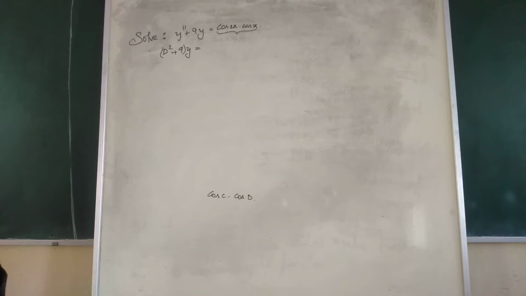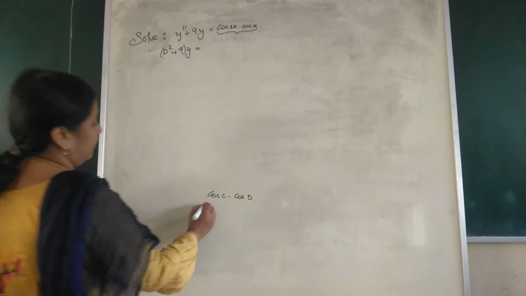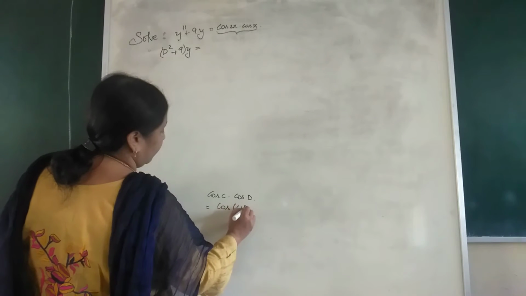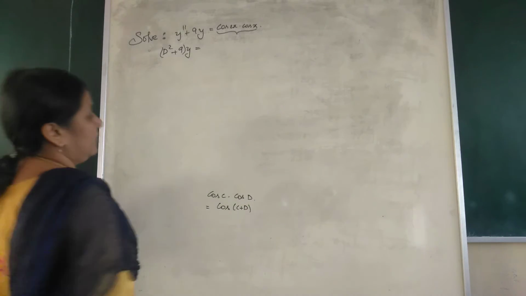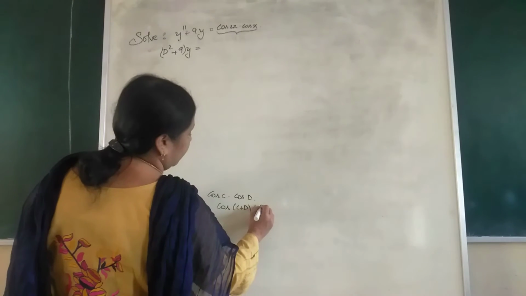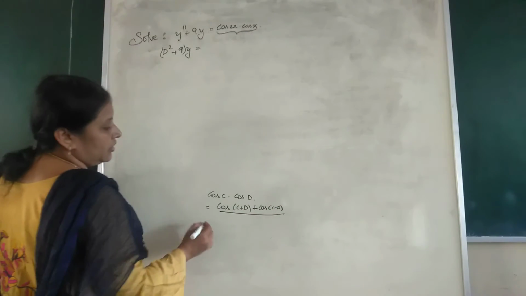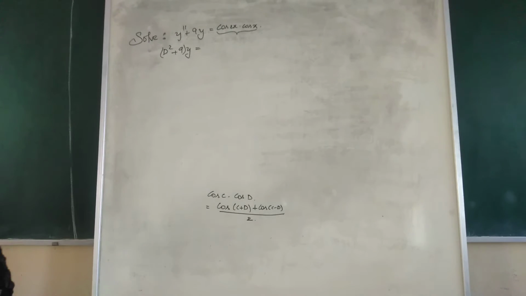The product of both cos terms is given by cos of (C plus D) plus cos of (C minus D), and that's the whole divided by 2. It's not individually divided by 2, it's the whole divided by 2. So this is how the formula says.